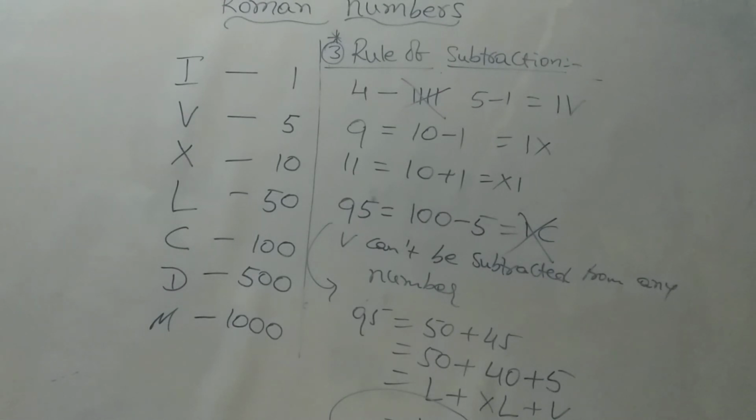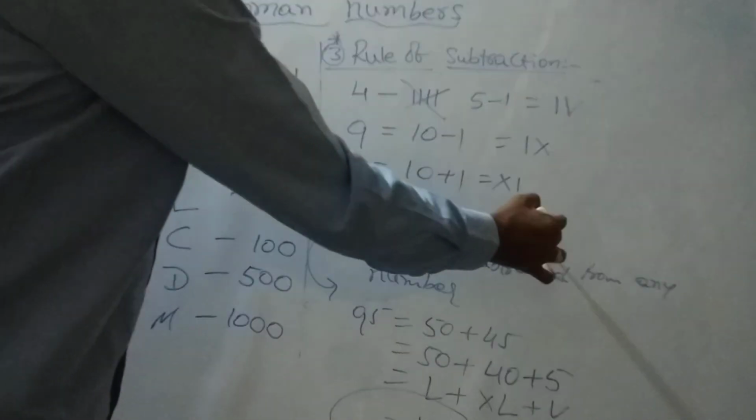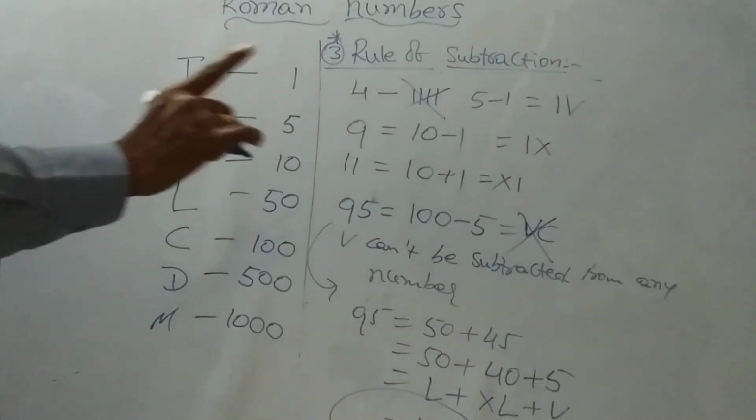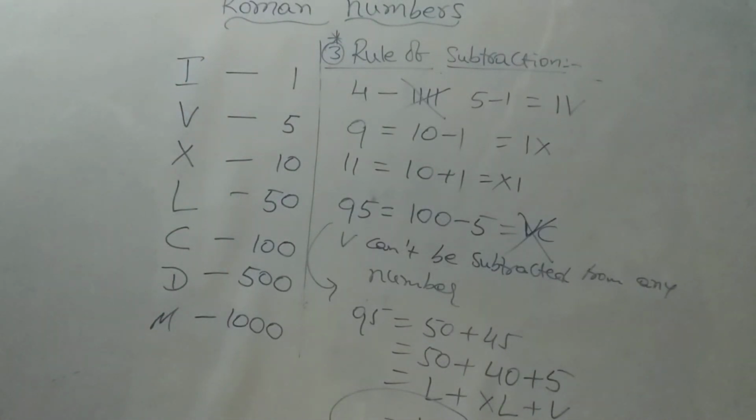Okay, you can write like this. Don't write V and C here, that is wrong. V cannot be subtracted from any number.